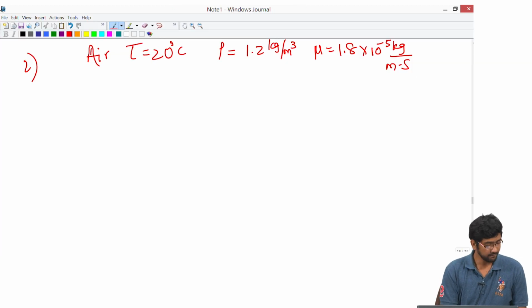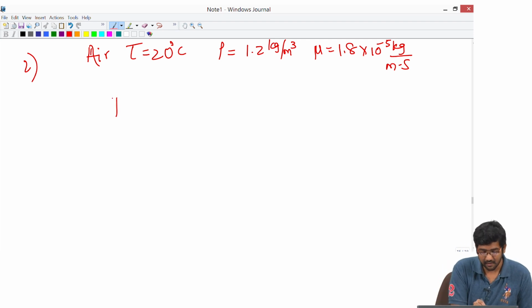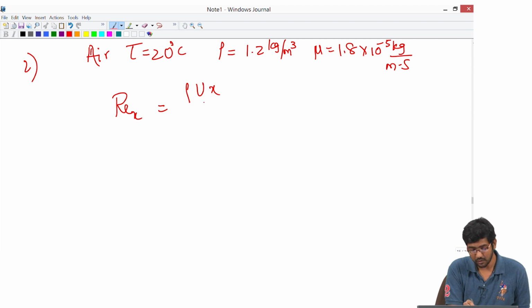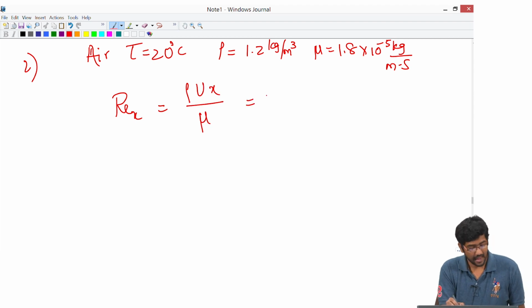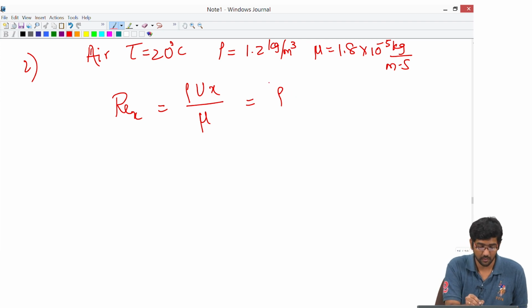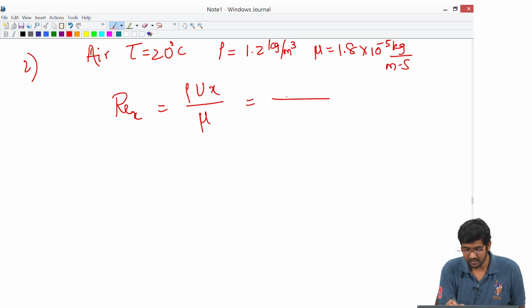To calculate that we need to impose the continuity equation, we will get to that, but first let us calculate the Reynolds number, which is defined for this problem as rho u x by mu, and we have an inlet velocity. Density is 1.2, velocity is 2 meter per second, which is given, the distance is 3 and viscosity is 1.8 into 10 power minus 5.